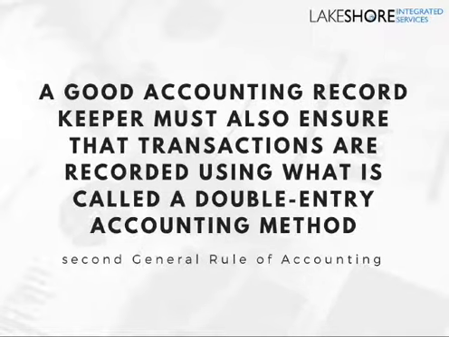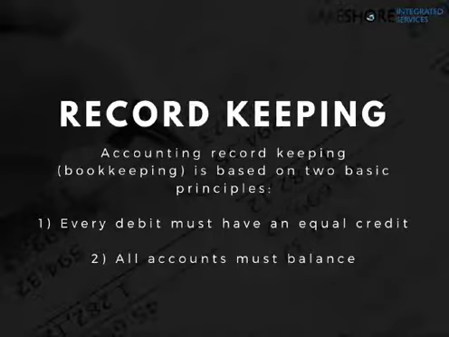Your understanding of these principles would even help you to guide whoever you're going to work with better. This is called the second general rule of accounting. Accounting record keeping is based on two basic principles. 1. Every debit must have an equal credit. 2. All accounts must balance.